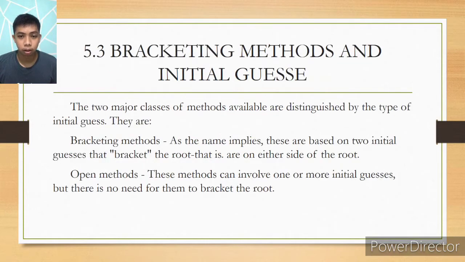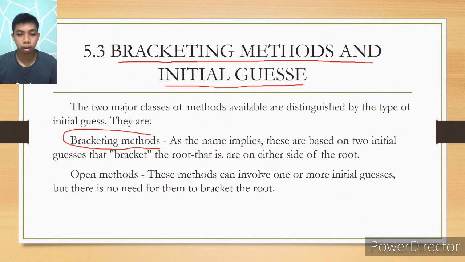Next, bracketing methods and initial guesses. The two major classes of methods available are distinguished by the type of initial guess. Bracketing methods, as the name implies, are based on two initial guesses that bracket the root, that is, are on either side of the root.